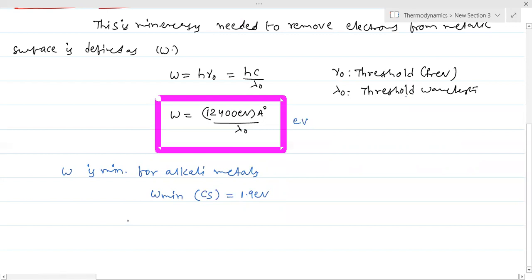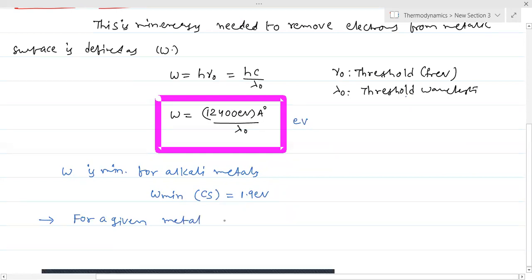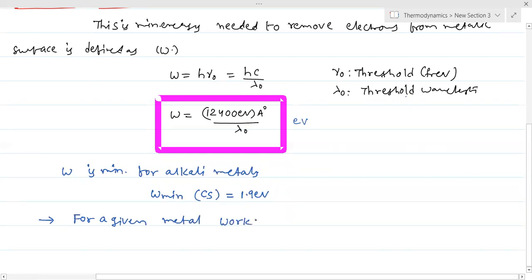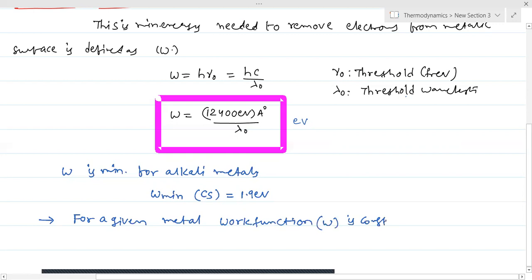Or simply, in chemistry terms, work function is equivalent to the first ionization potential, the energy needed to remove an electron. You can think of it like this. For a given metal, the work function W is a constant. This we need to understand.